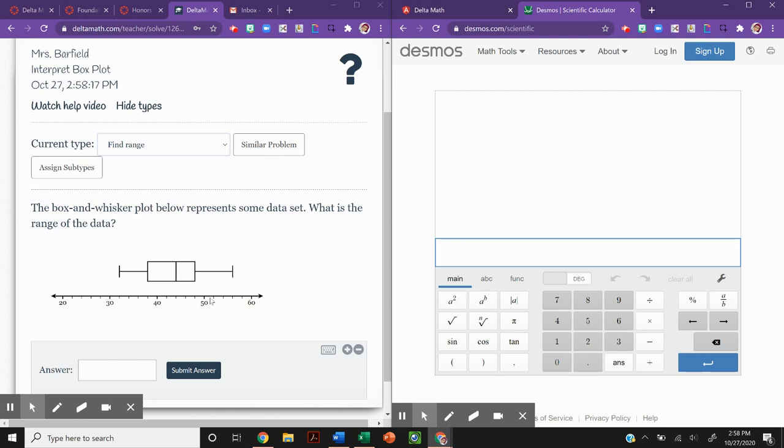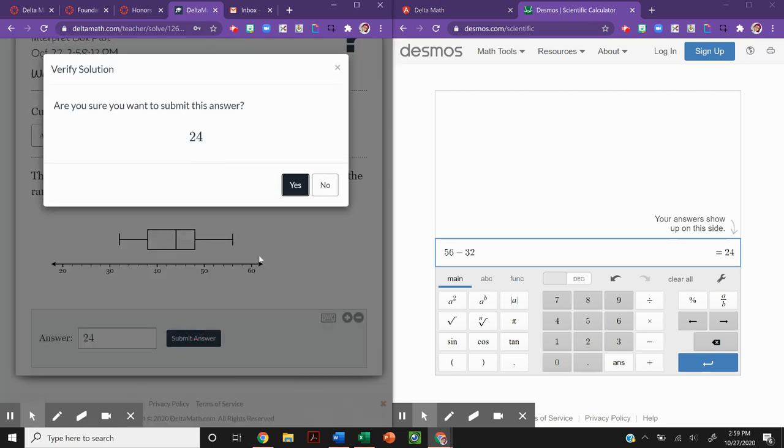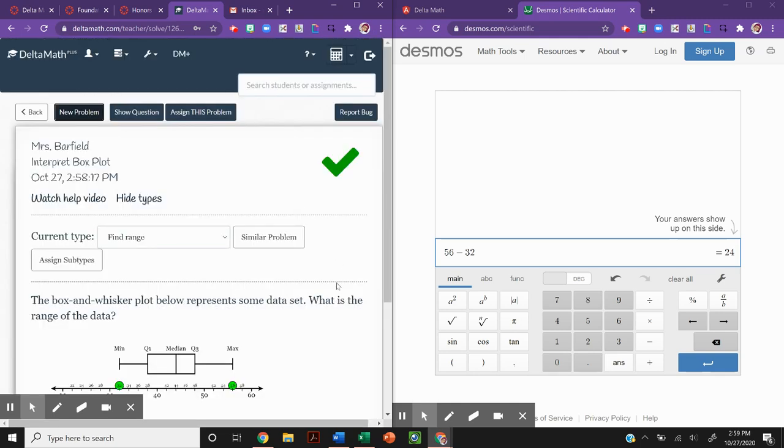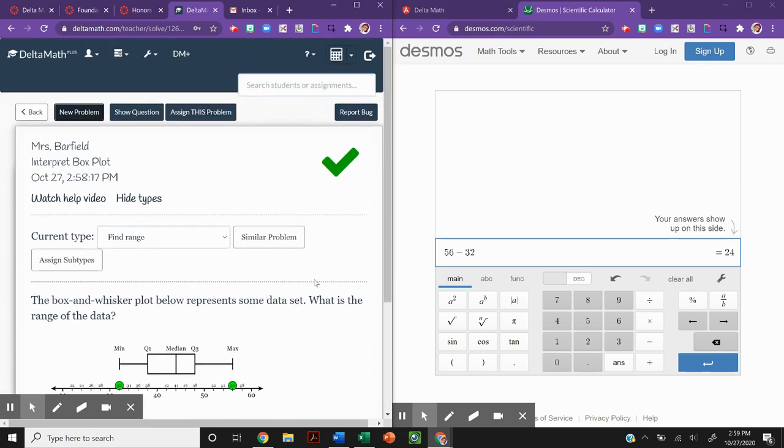That looks like 52, 54, 56. So I'm going to type in 56 minus, and then you find your smallest value. That's going to be 32. My answer is 24. That is my range. Submit my answer. Yes. I took my max minus my min, so 56 minus 32.